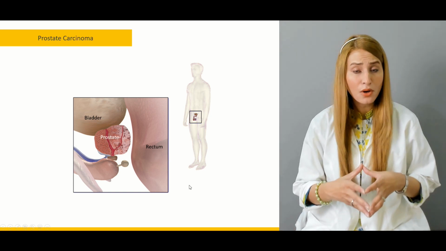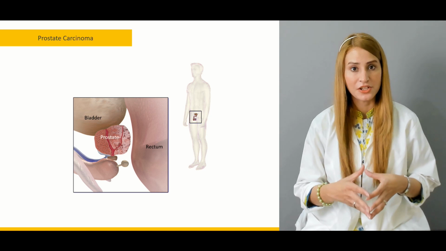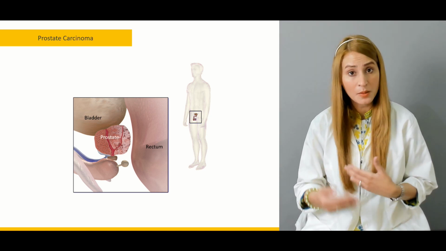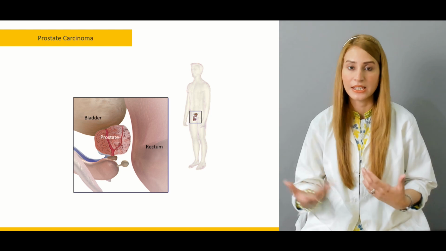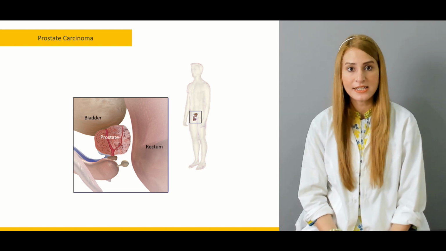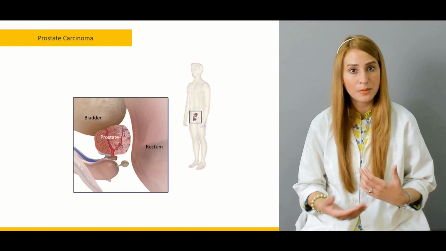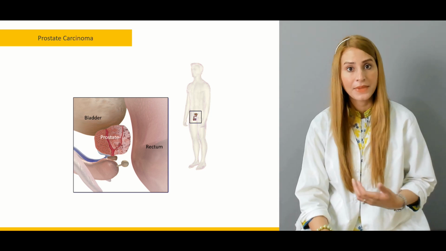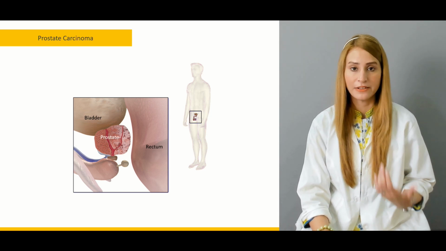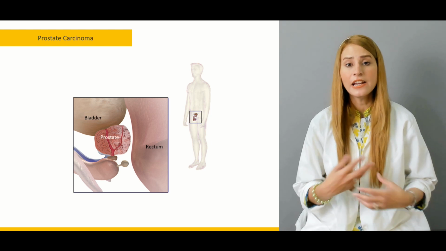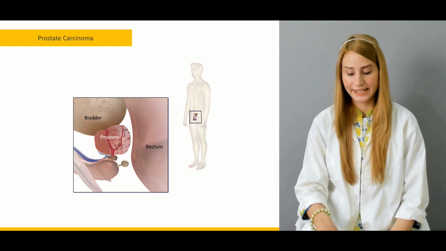Because of this anatomical relationship, on digital rectal examination you can palpate the surface of the prostate, which is very much likely to be nodular in case of prostatic cancer.